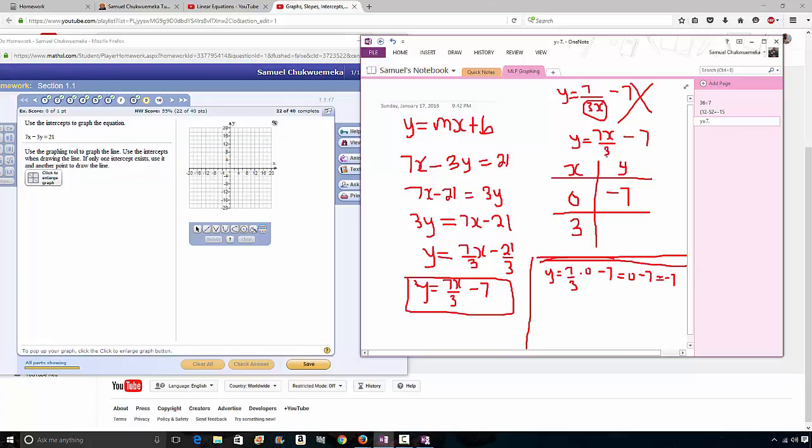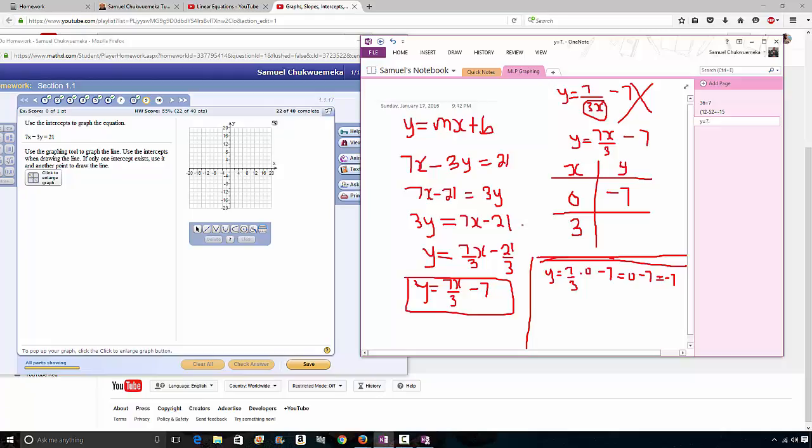I can multiply by 3. I can multiply by 6. I can say when x is 6, what is y? Okay, provided that the values will fall within the values of this graph. Any value I use, whether for x or for y, has to fall within 20 and -20 for both axes.